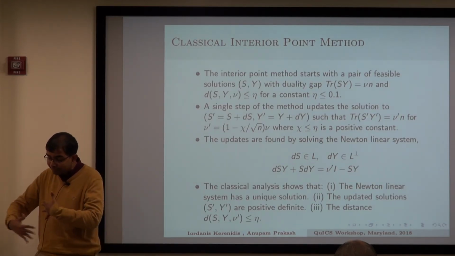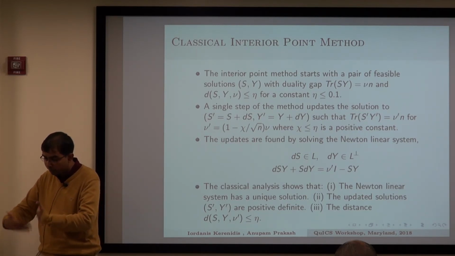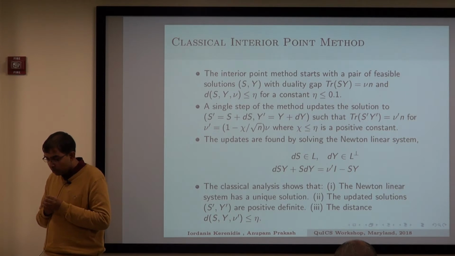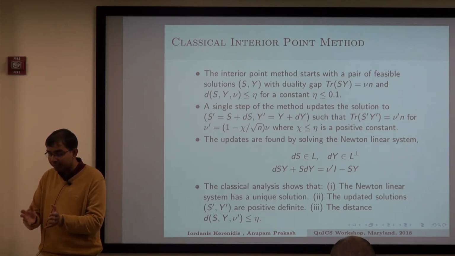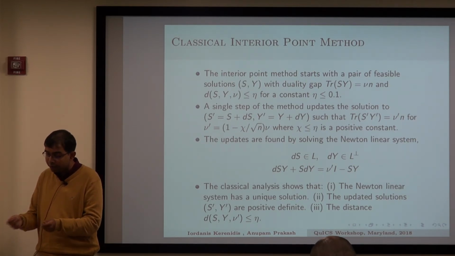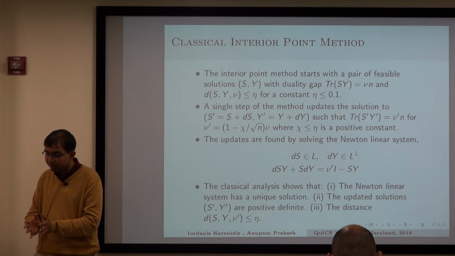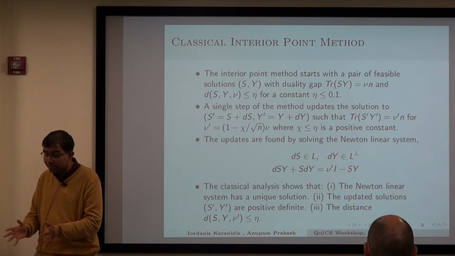So let's see the main step in the analysis of the classical interior point method now. With all this background, we can formulate the main step. It starts with a pair of feasible solutions, like an invariant, with a certain duality gap: trace SY is nu n, and the distance is less than eta for some constant eta.